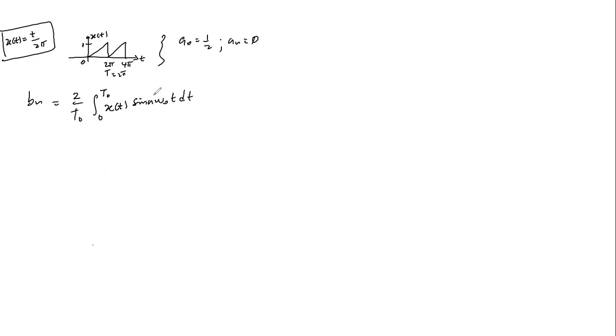Once again, we know that omega naught from our previous deduction is 2 pi over t0, which is 2 pi over 2 pi, equal to 1. Then we have s of t, t over 2 pi. So we substitute for these parameters. This will be the same thing as 2 over 2 pi integral 0 to 2 pi t over 2 pi sine nt dt.